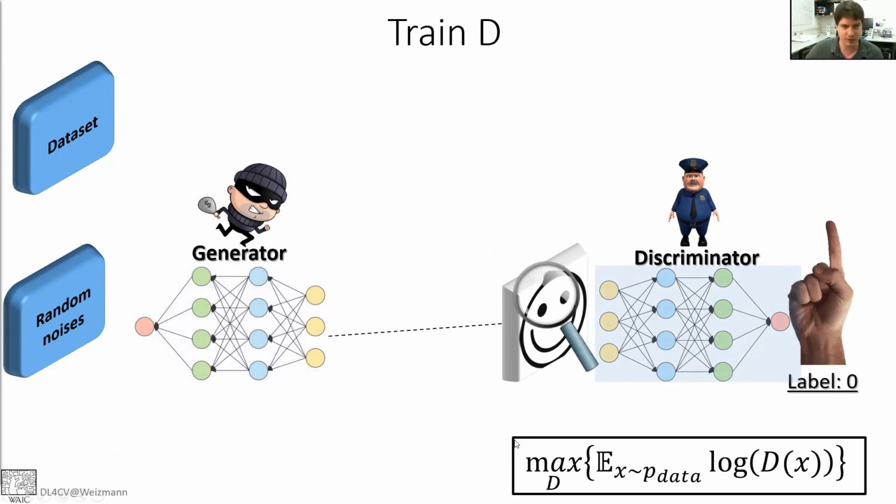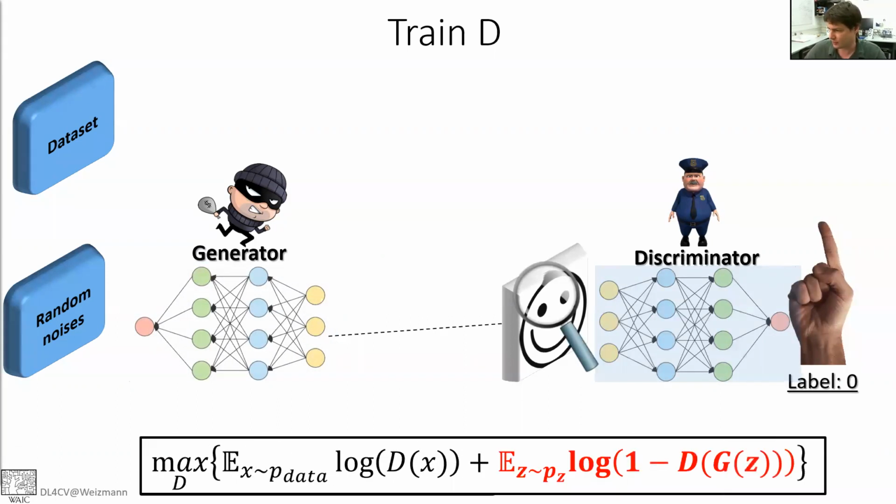And this, in terms of cross entropy loss, means that for the real example, D of x, I wanted to maximize the log probability. But now what I have is not D of x, I have D, the discriminator, of G, the generator, of z, the random noise, right?